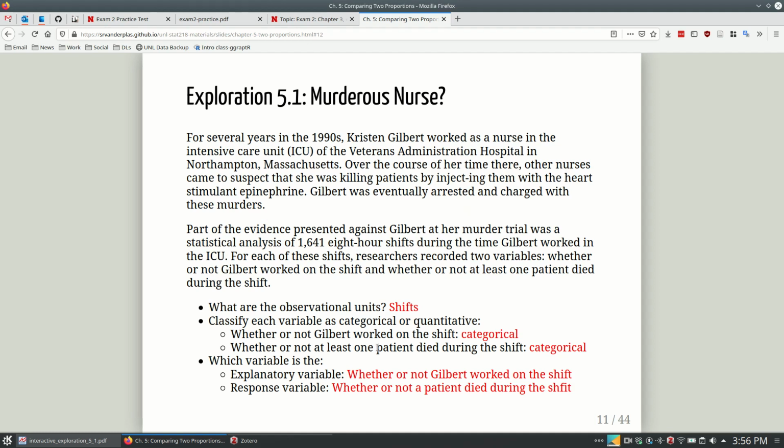So we've got two variables. We've got whether or not she was working and whether or not at least one person died. Right? They're both categorical. And we're looking at every shift, right? So that's the observational unit. Okay? It's a fun little puzzle, right?